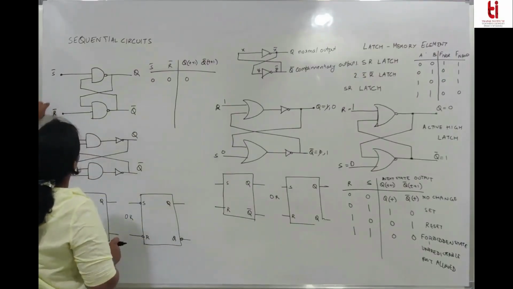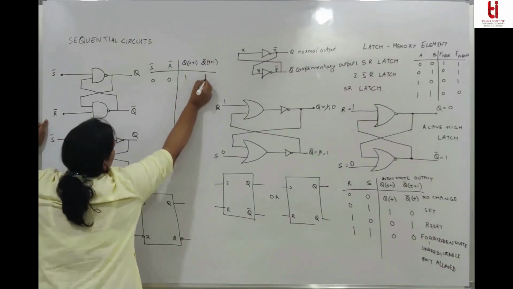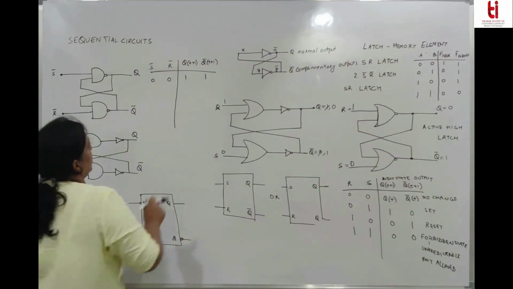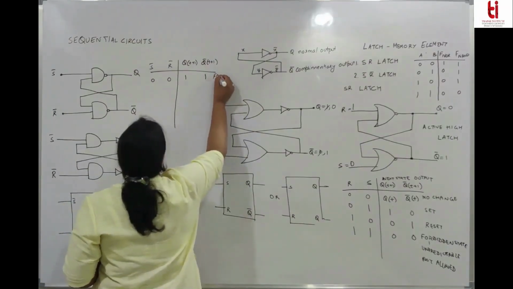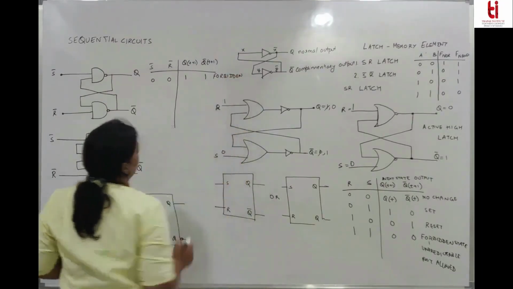If they are both 0, S bar and R bar both 0, then both the outputs are going to be 1, 1. So this is basically a state which is not recommended, in which both the outputs, normal output and complementary output, go high. So this is a forbidden state again. For 0, 0, it's a forbidden state.